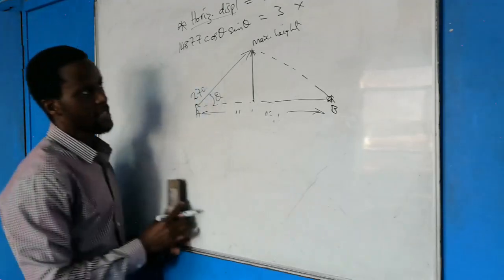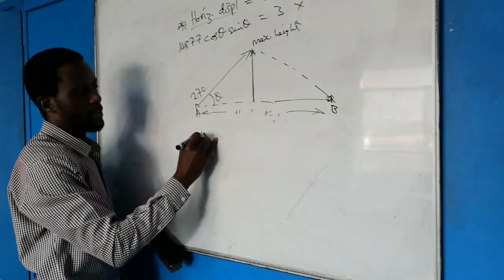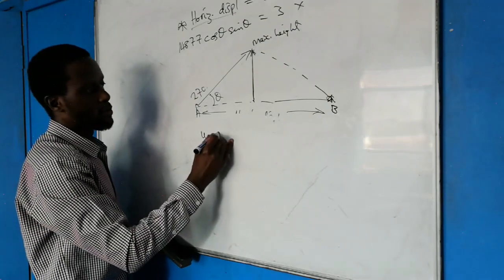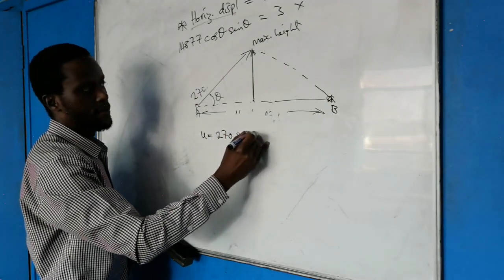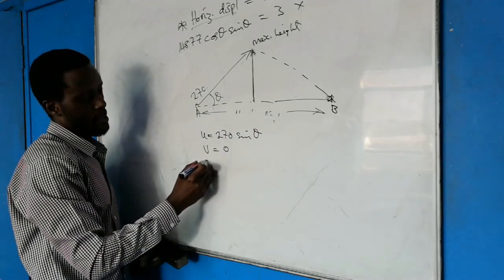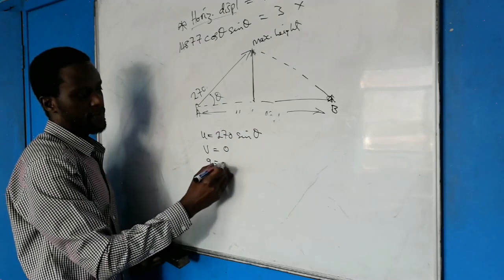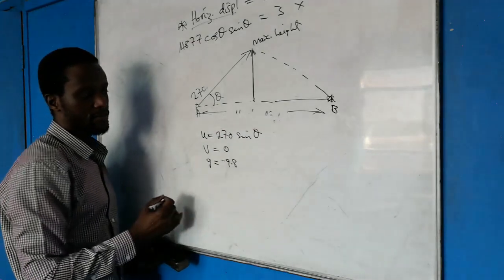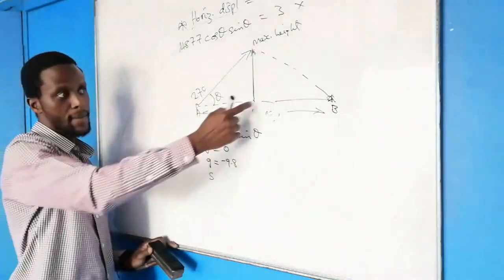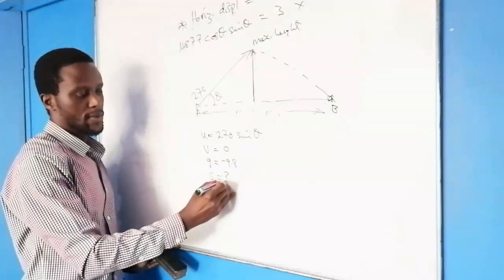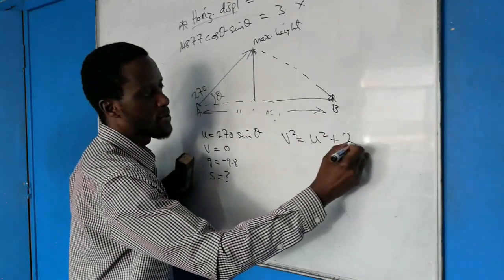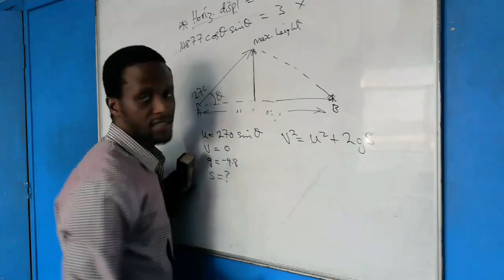On this vertical height, the initial velocity, vertical now, is 270 sine theta. Final velocity is 0. Gravity, negative 9.8. Then they ask us what is your displacement, your maximum height. That's what we are solving for.